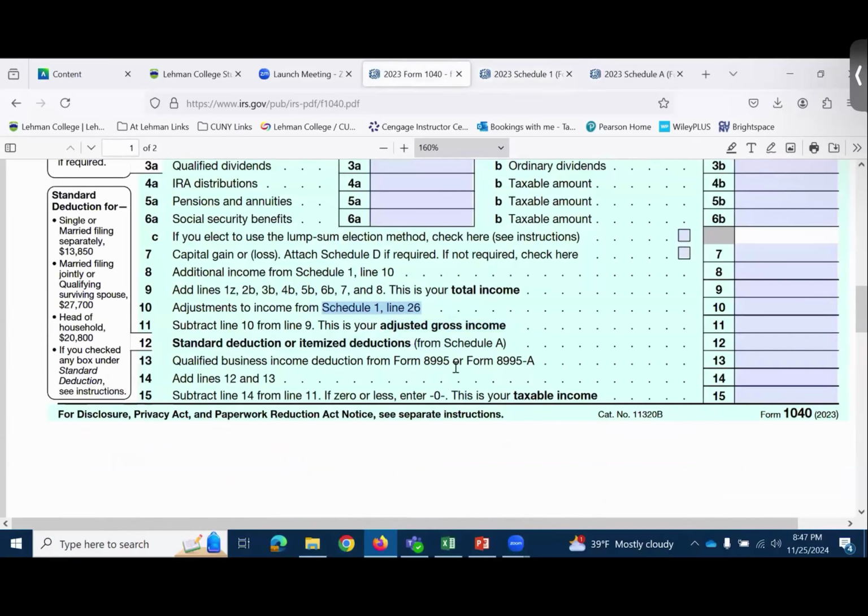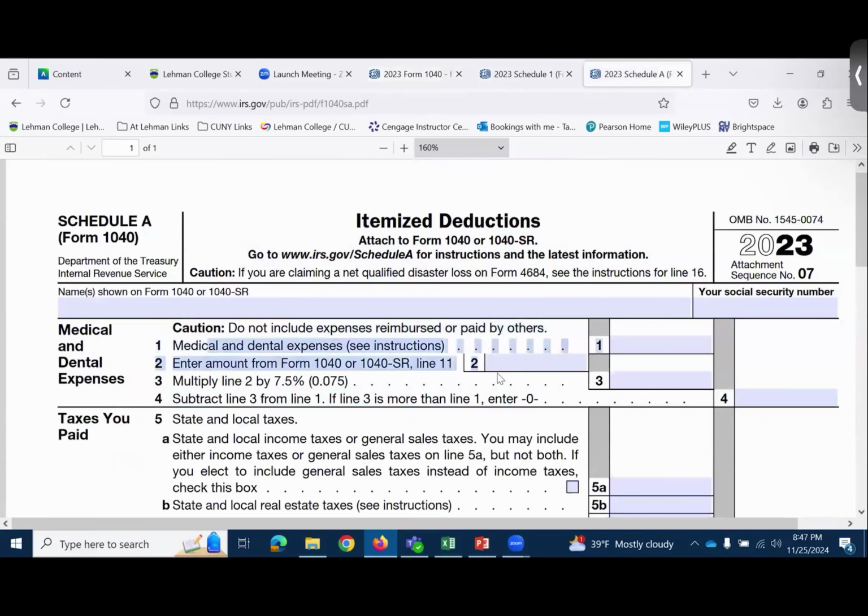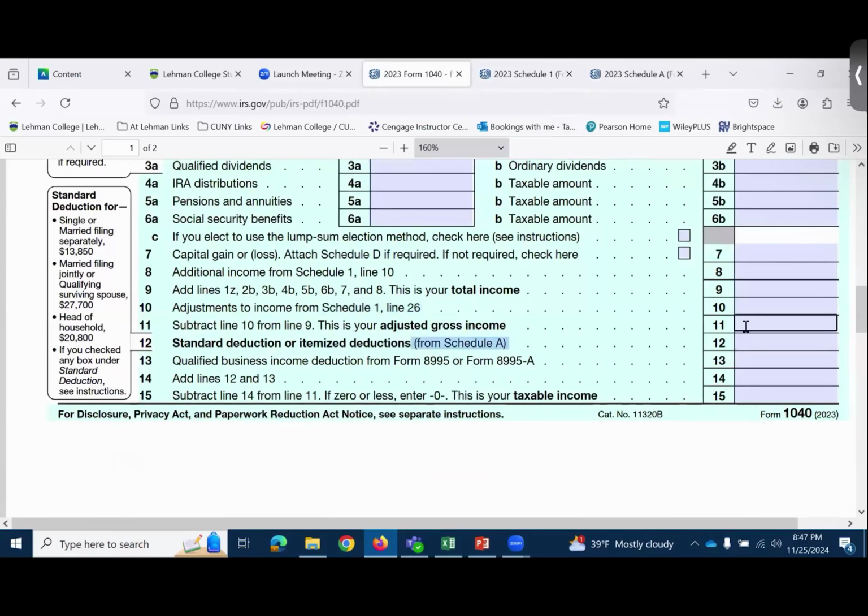From AGI, which means you're taking the amount from this number and subtracting, is Schedule A. Schedule A is medical expenses, which is limited to 7.5% of your AGI. Your AGI comes from line 11.